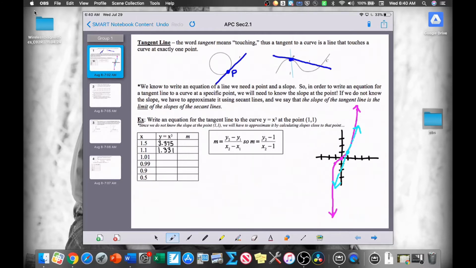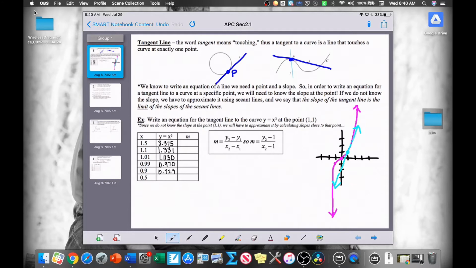And then I am going to cube 1.01. 1.01 cubed is 1.030. Then I'm going to cube 0.99. 0.99 cubed is 0.970. I'm going to cube 0.9, which is 0.729.